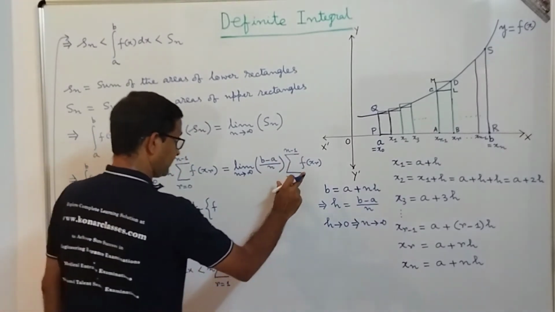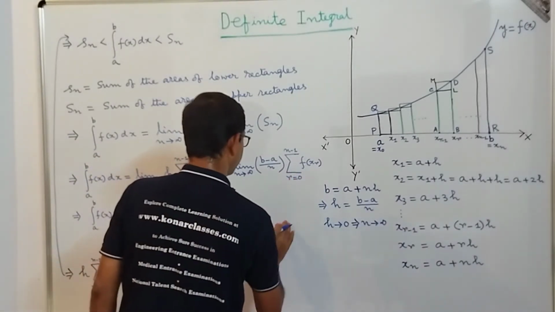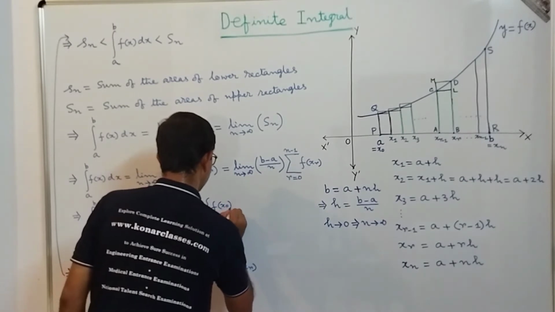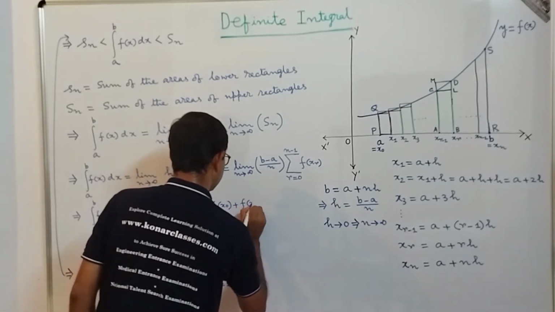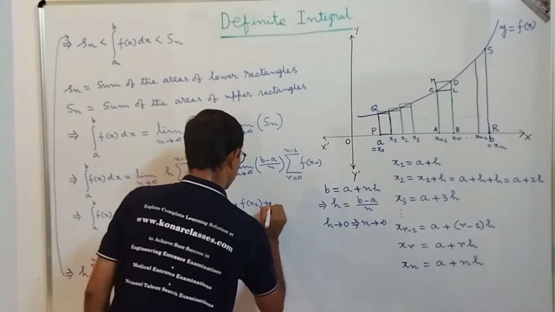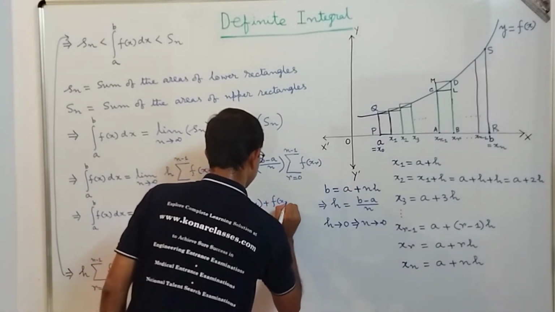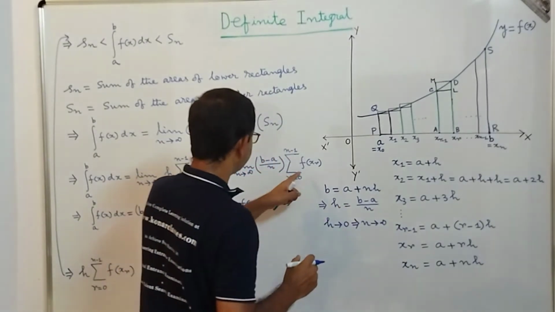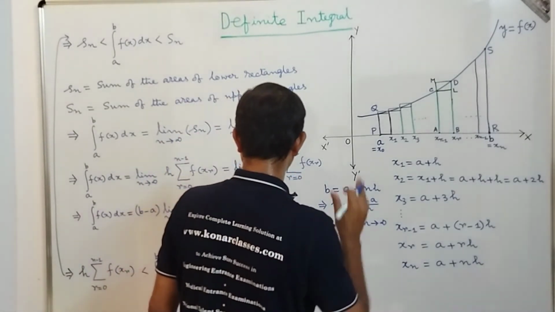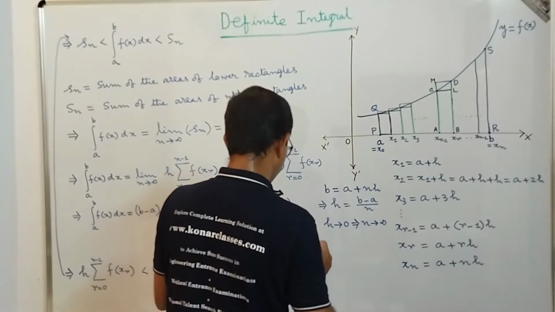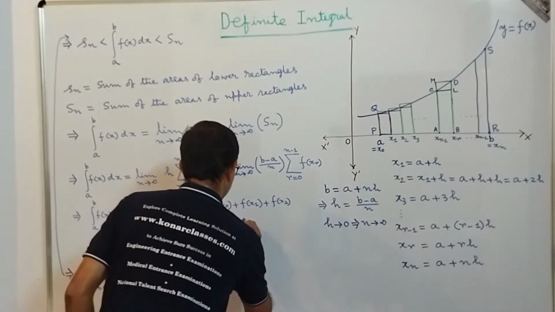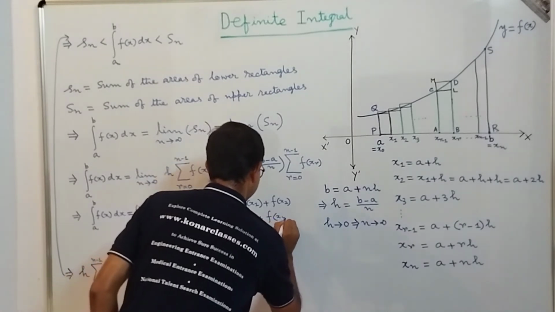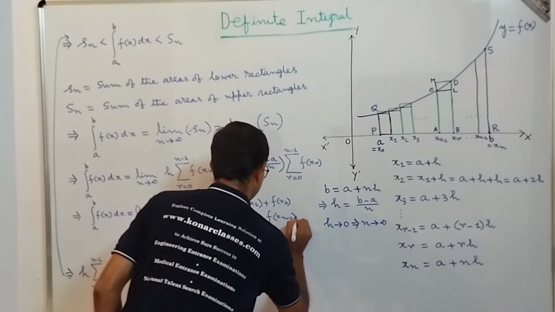We can break it and write it in a more elaborate manner. So first r equal to 0, so f of x0 plus f of x1 plus f of x2, correct? In that way we continue till f of x n minus 1.